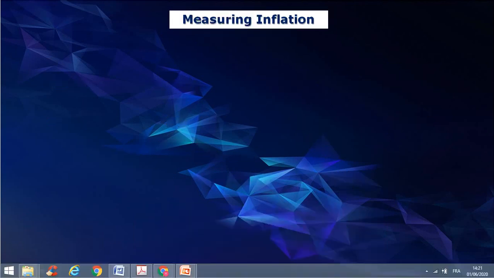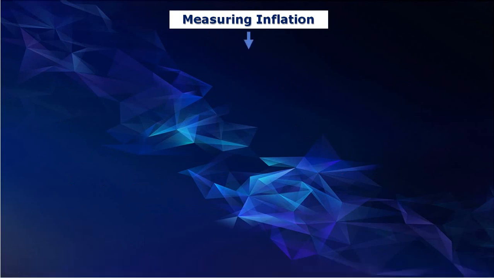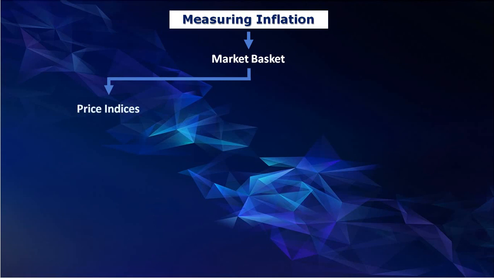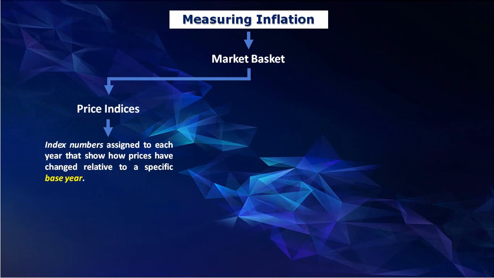When looking at inflation, we take into consideration changes in prices over time. The government tracks the prices of a specific market basket that includes the same goods and services. So there are 2 ways to look at the inflation rate. The first one is the price indices, where index numbers are assigned to each year that show how prices have changed relative to a specific base year.